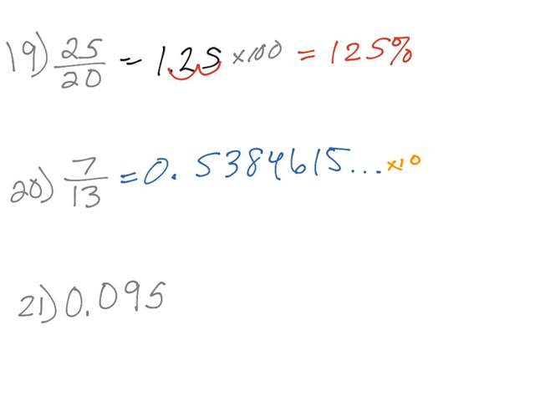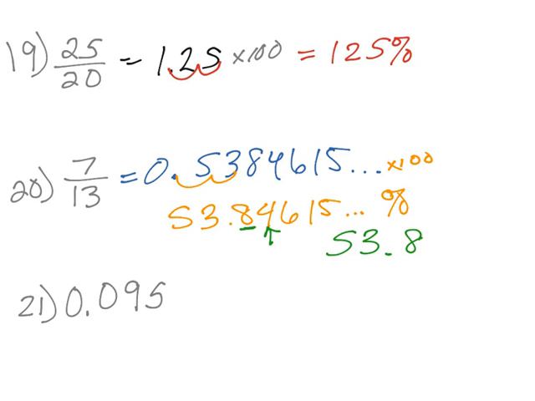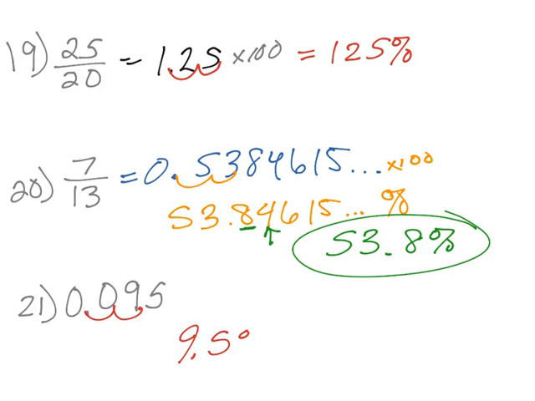If I multiply that by 100 and move the decimal over, I get 53.84615%. So if we want to round to the nearest tenth of a percent, that's here. You change to percent first, then you round. 4 tells me to round down, and I get 53.8%. Last but not least, 0.095, I can multiply by 100 or move the decimal 2 places, and I get 9.5%.